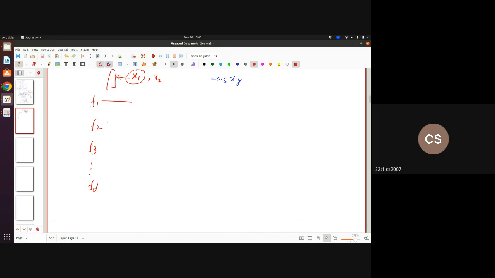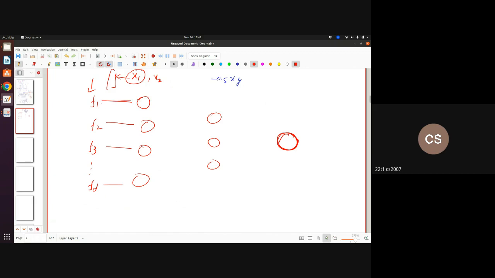If there are 10 features, there'll be 10 neurons in the input layer. And then there'll be some hidden layers with some neurons, and there'll be an output layer. In case of regression, there'll be one neuron here. Let's say there are two hidden layers.